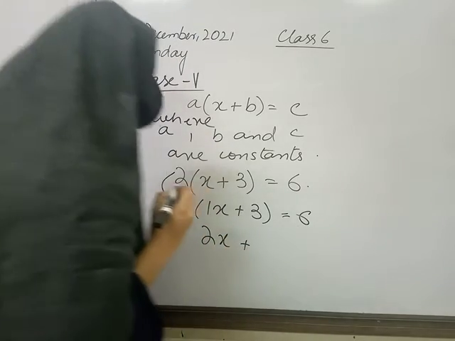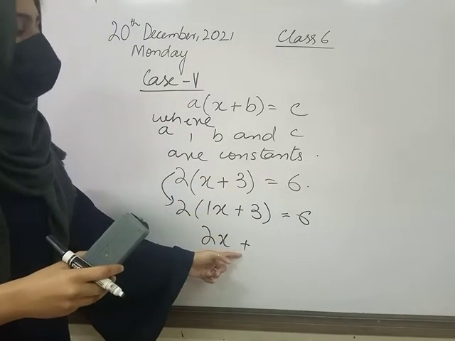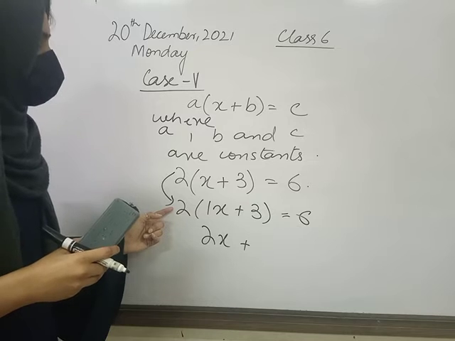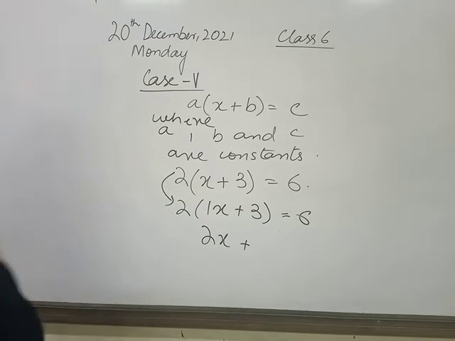Then as you look, we have plus sign with 3, and as you also look class, with 2 we have also plus sign. How do we know? Who will tell me? Yes, Hamad, you tell me. Very good. As I told you class, when there is no any sign at left hand side with any number, we will consider it as positive sign.